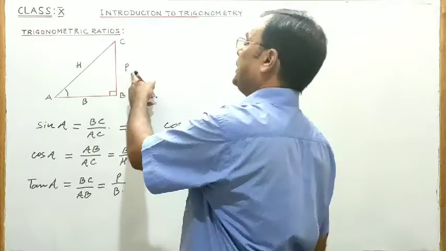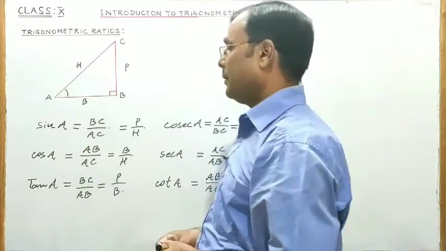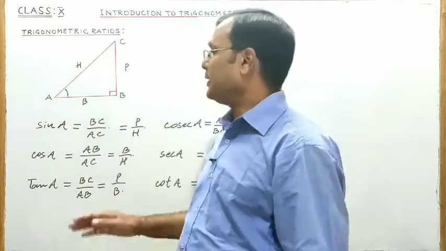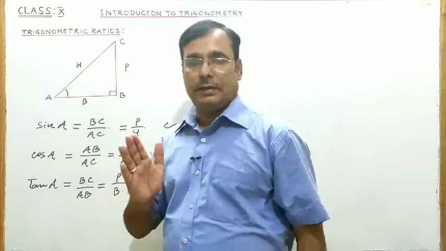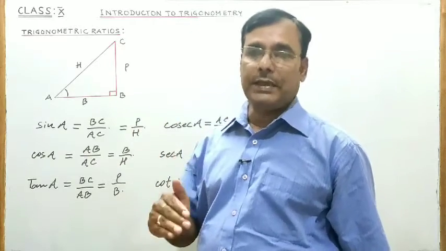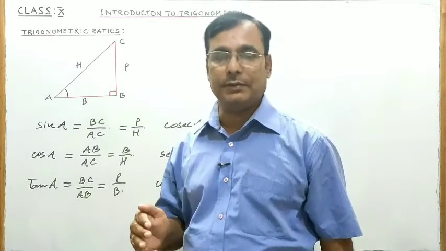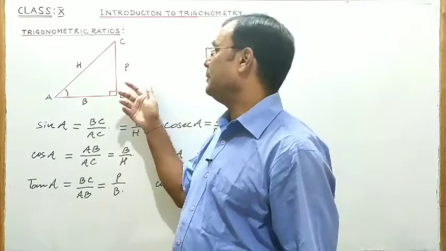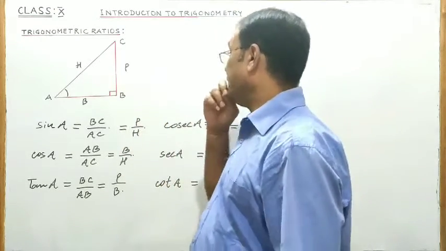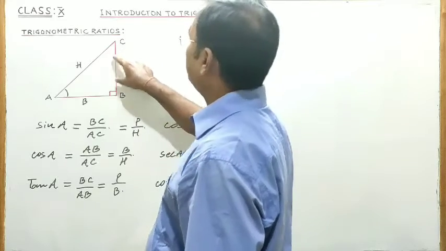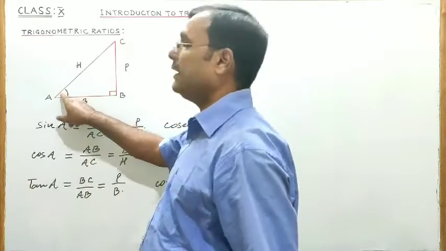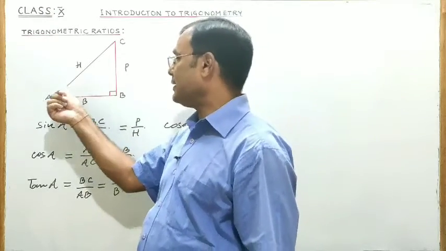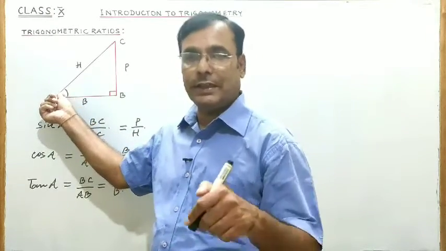Here we have written perpendicular, base and hypotenuse because the name of the triangle can be changed, but this concept of perpendicular and base side of a right angle triangle with respect to the considered acute angle will not change, because the perpendicular is the side opposite to the considered acute angle, and base is taken as the side adjacent to the considered acute angle.